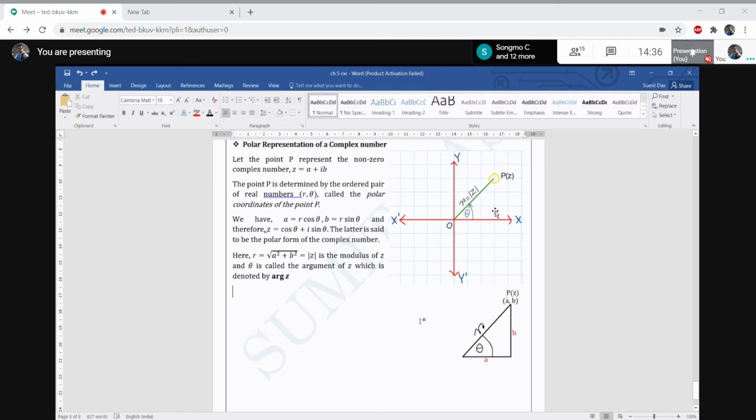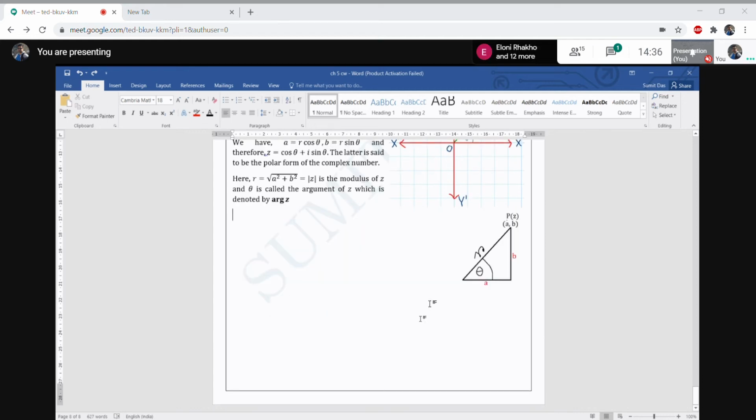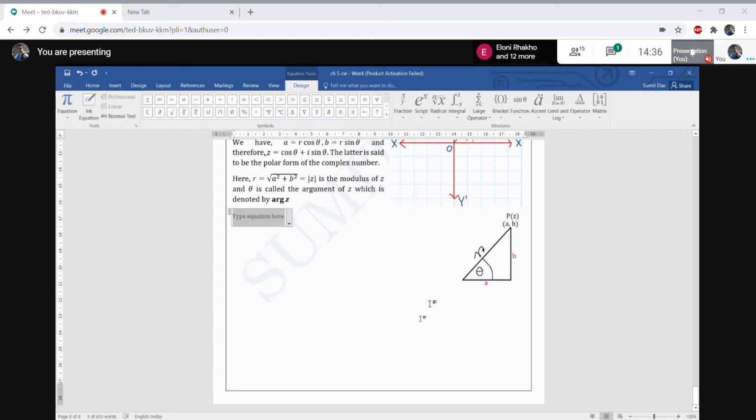Am I clear? If it is a comma b, that means along the x-axis this is the real part a, and along the y-axis that is the imaginary part, that is b. So this base is a and the perpendicular is b. So in trigonometry, what will cos theta be? We know cos theta means base divided by hypotenuse, right?